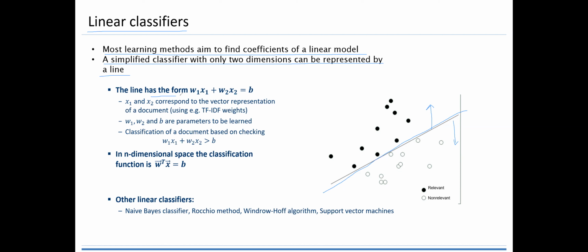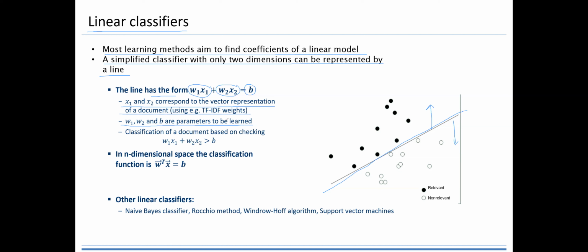The line has the form like this formula: W1 multiplied by X1 plus W2 multiplied by X2 equals B. The X1 and X2 correspond to the vector representation of the document, so you can look at the TF-IDF. The W1, W2, and B are the parameters to be learned.